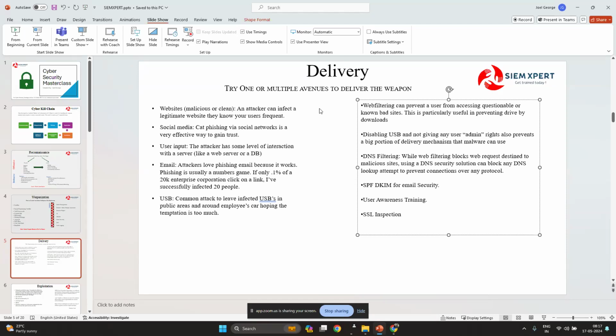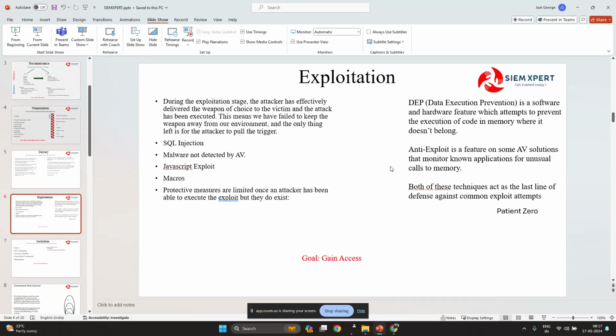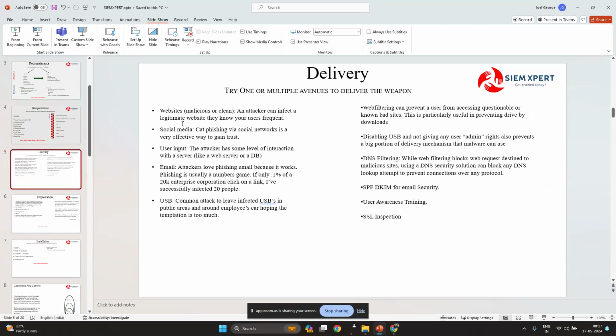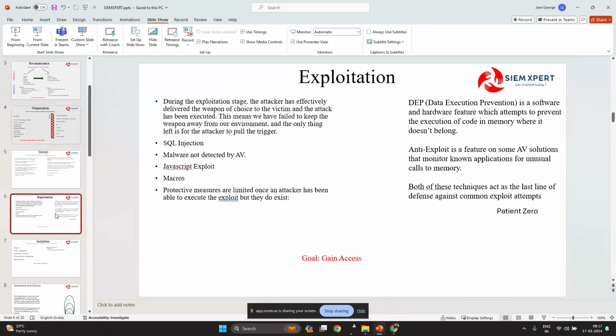Now moving on, the main goal of this stage would basically be to deliver his weapon through one of these means: websites, emails, USBs, social media. Next stage would be exploitation.